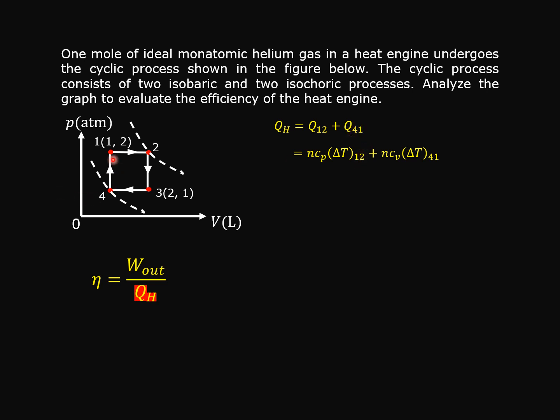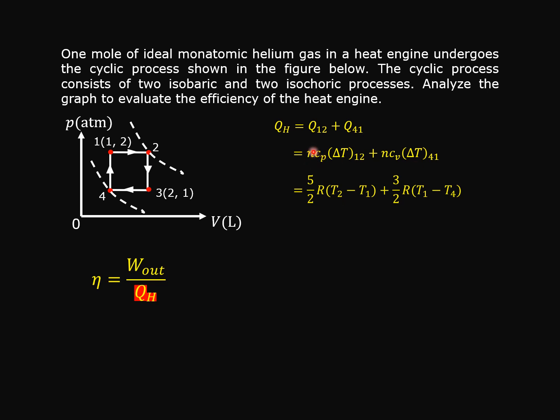And Q41, this is the isochoric process, and it can be calculated from the formula nCv delta T for the process from state 4 to state 1. So we sum up these two, we will get the QH.